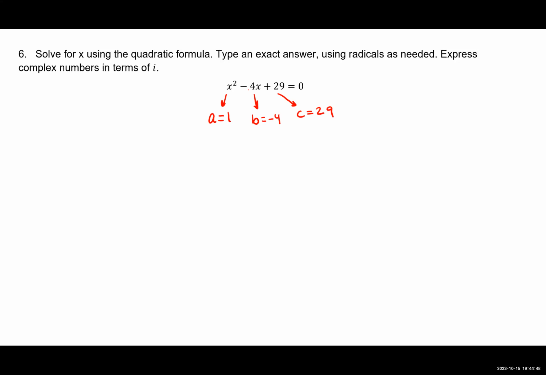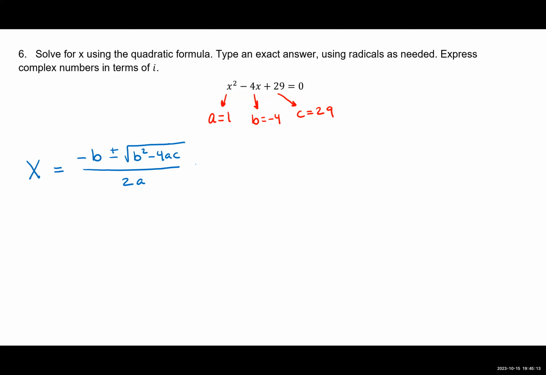If you have an equation of this form, then your answer, or answers, plural, would be x is equal to quadratic formula, negative b plus or minus the square root of b squared minus 4 times a times c, all divided by 2 times a.